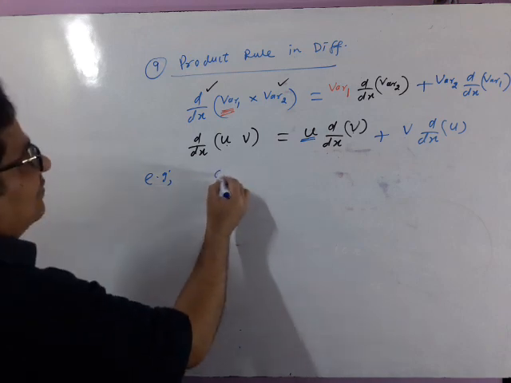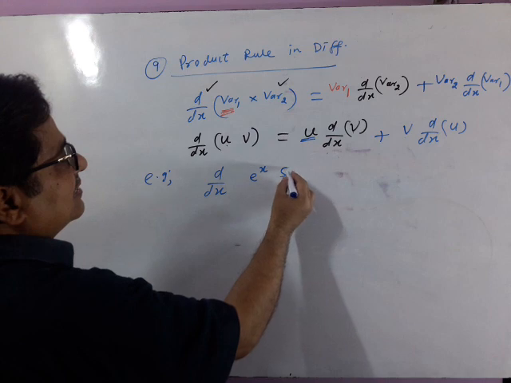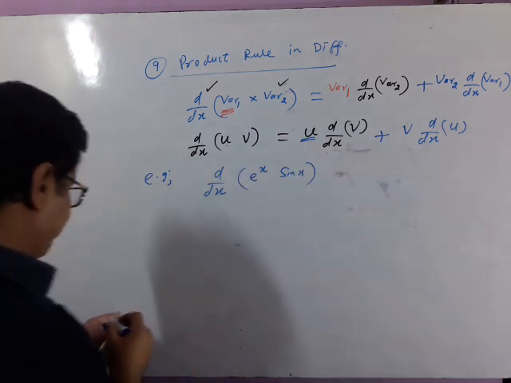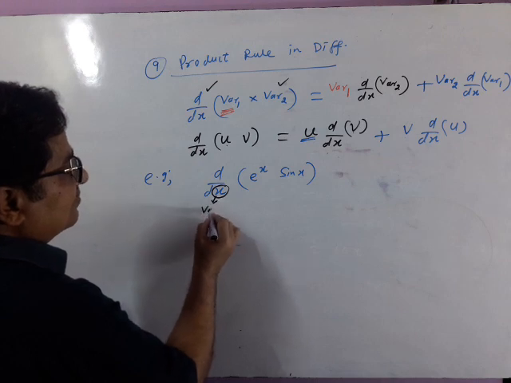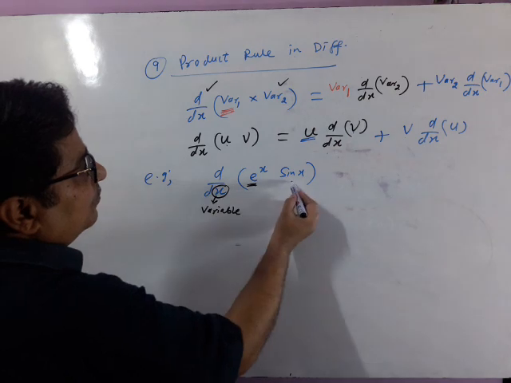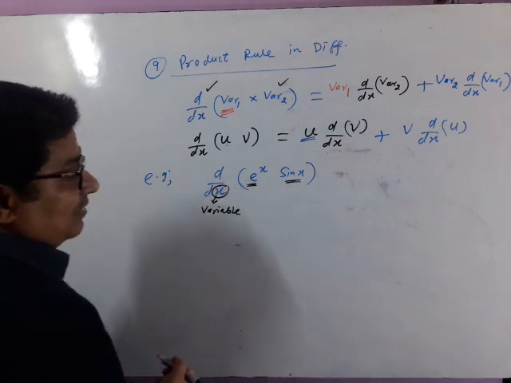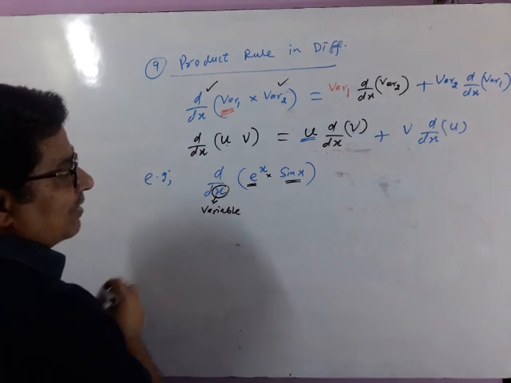For example, if you are given differentiation of e raised power x into sin x. Now focus, x is variable. So depending upon x, these two are variable. Both are variable, variable 1 into variable 2. These are multiplied.